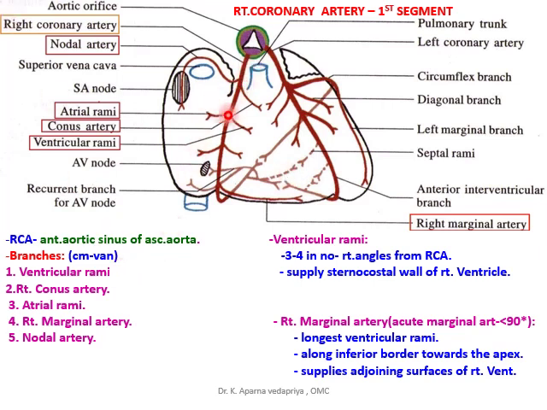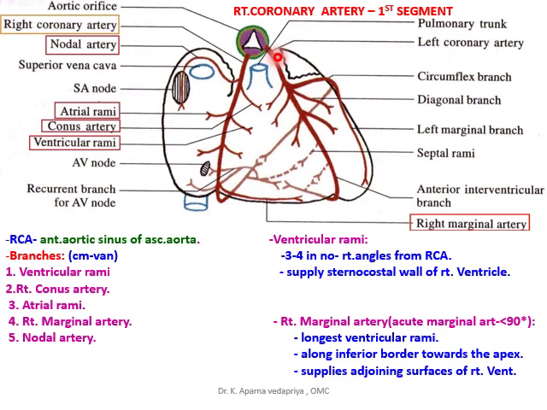So this right coronary artery is divided into two segments. The first segment is the part that is present on the sternocostal surface, and the second segment of the right coronary artery is the part which is present on the posterior atrioventricular groove, which is anastomosing with the circumflex branch of the left coronary artery.